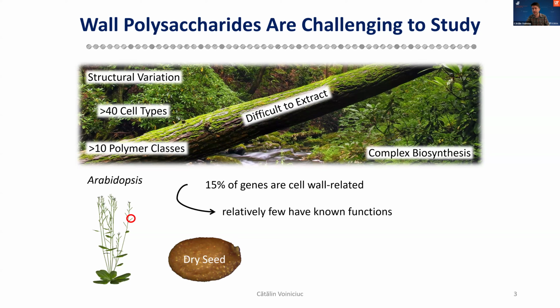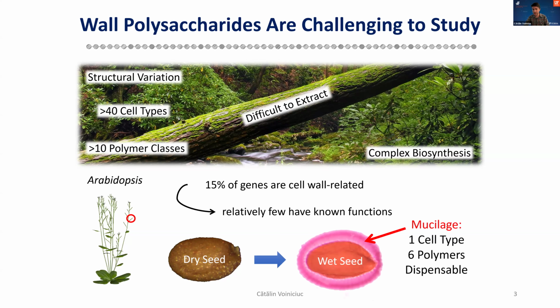Now, there's a very nice system in Arabidopsis, which are the seeds. They release a gelatinous layer of polysaccharides known as mucilage, which is produced by a single cell type at a well-defined developmental time point.